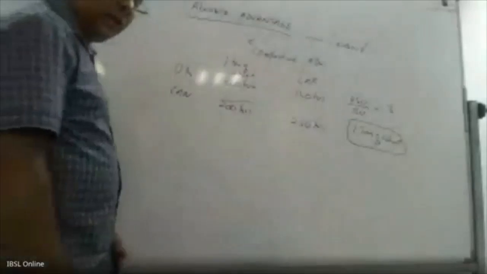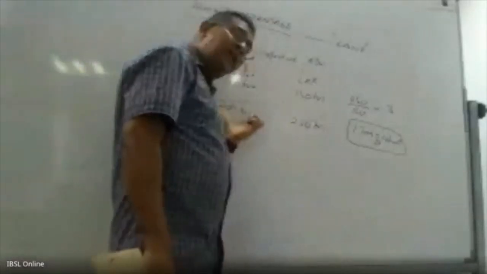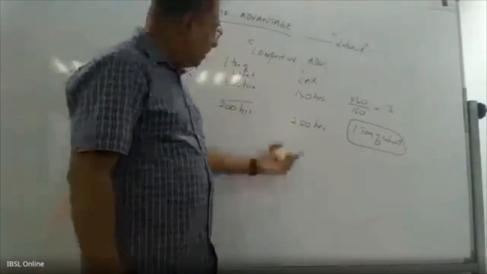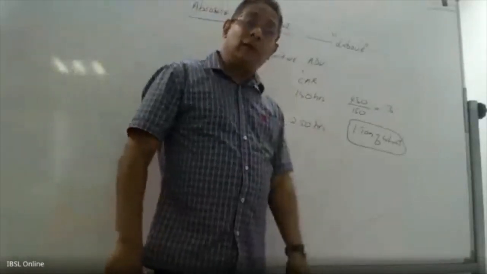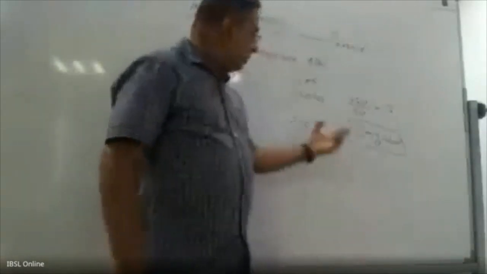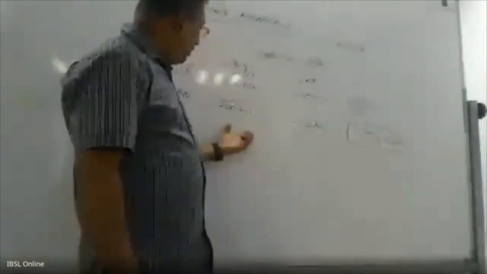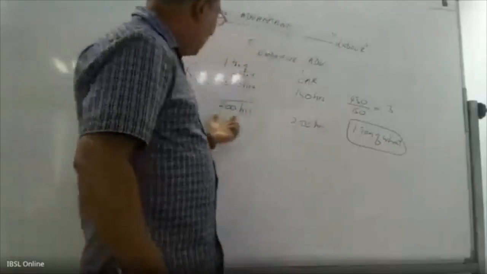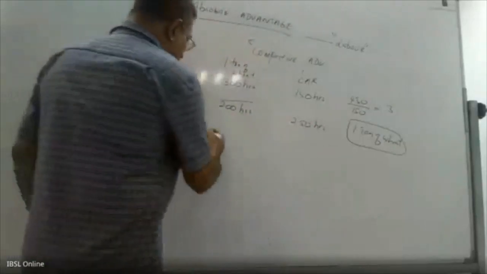Come to Canada. Canada consumes only 200 hours to make 1 ton of wheat, but they need a massive 250 hours to make 1 car. So they will put the 250 hours into the wheat production division. They will have 450 hours now.